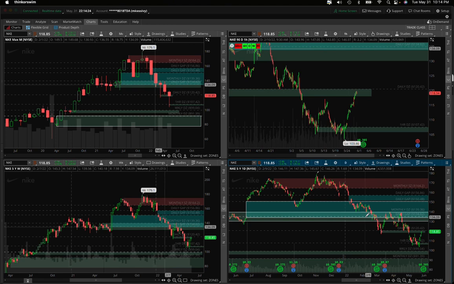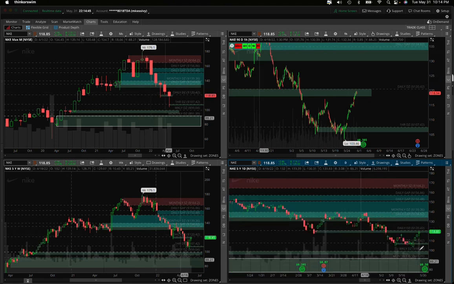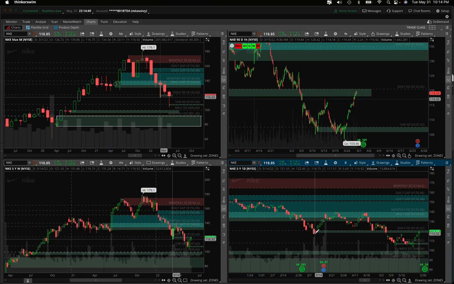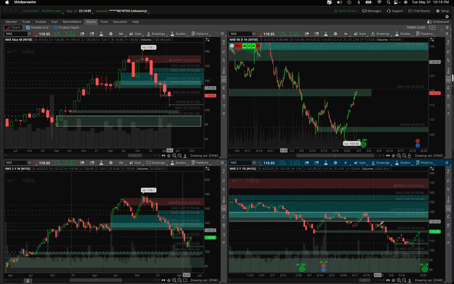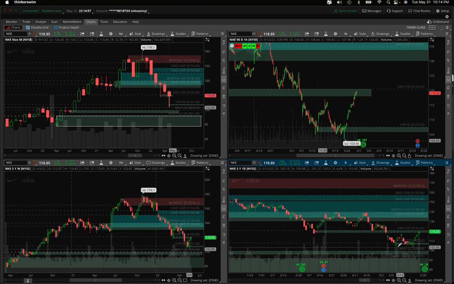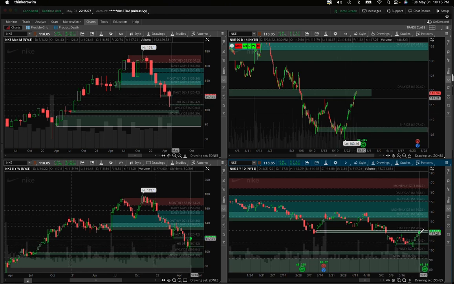So, all right, we could see, when price was at 120, it went to 135, played in this zone a little bit, and then it fell back down into a demand zone. You can see there's a zone from 105 to 116, and we did the same action again, right?